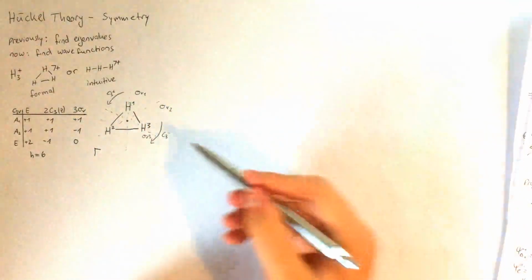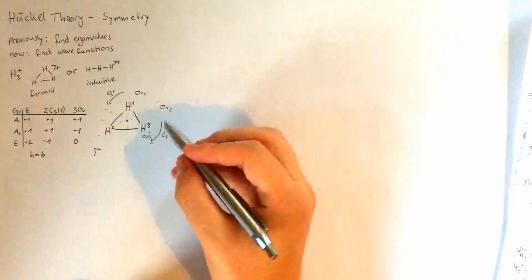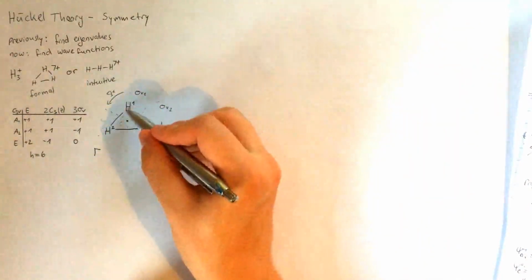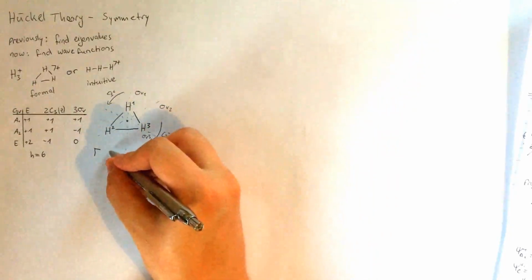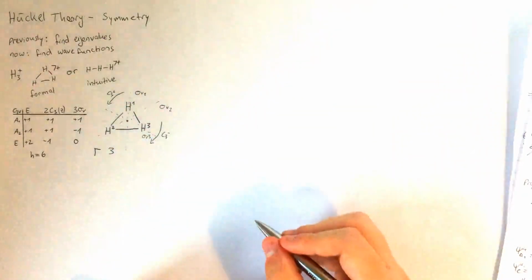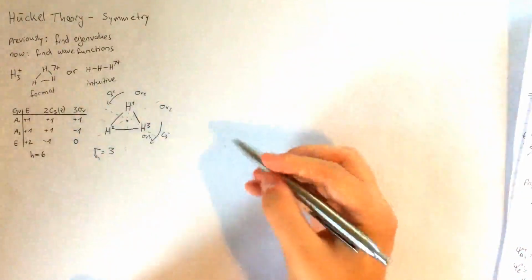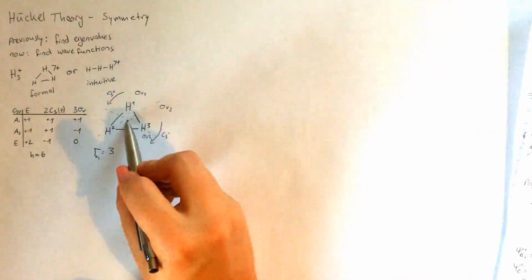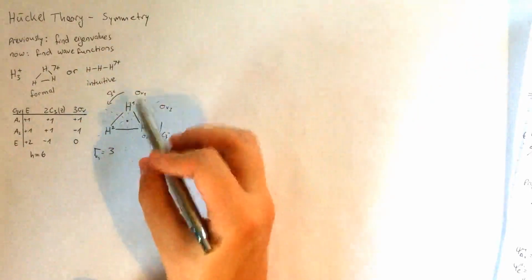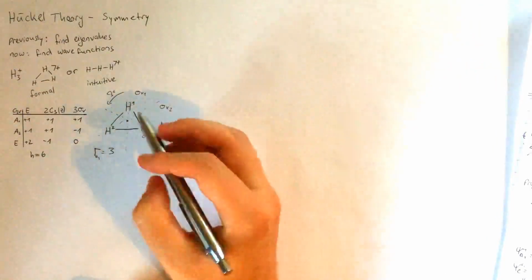So the character of our overall molecule looks as follows. If we apply the identity, each of the hydrogens will stay in its place. So 3 out of 3 stay in place. So we give it a 3. If we apply C3, so we rotate around here 120 degrees in either direction, we see that each of the hydrogens will move.